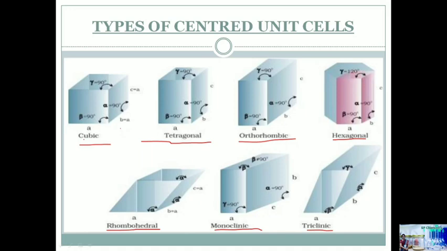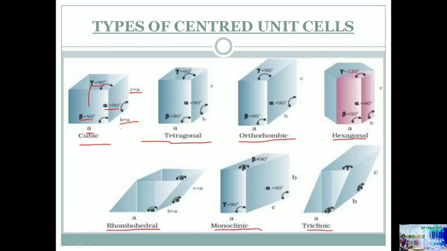And in the cubic crystal system, you can see here edges are A is equal to B is equal to C. I will say the tricks on how to remember. Axial angles or interfacial angles, that means angle between the faces, alpha is equal to beta is equal to gamma is equal to 90 degrees in the cubic crystal system.